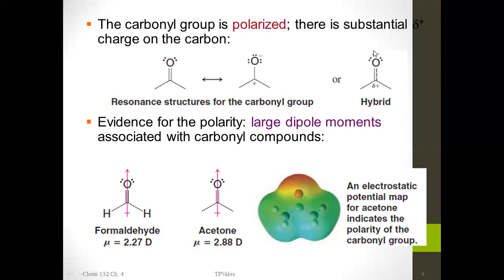So oxygen will bear a partial negative charge by virtue of being electronegative, and the carbon atom will bear a partial positive charge. You can actually see this effect in a resonance structure for the carbonyl group, wherein your oxygen bears 6 unshared electrons and a negative charge, and carbon bears a positive charge.